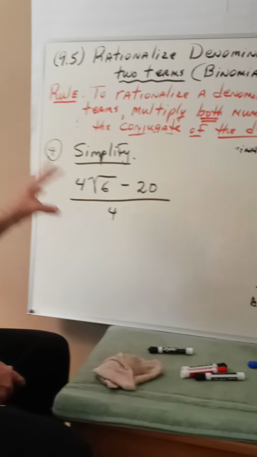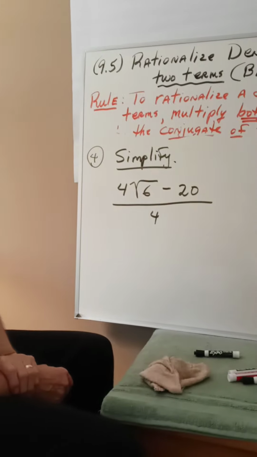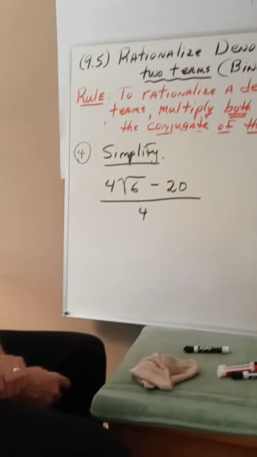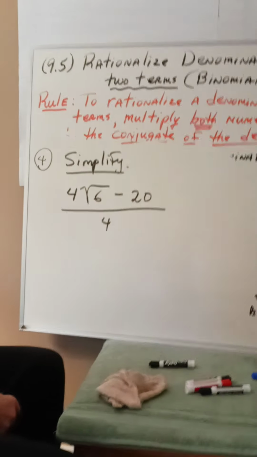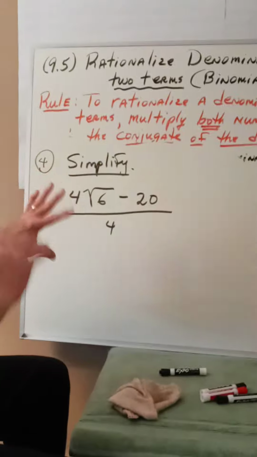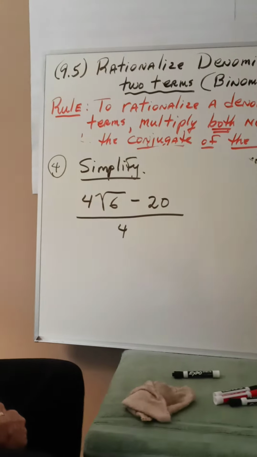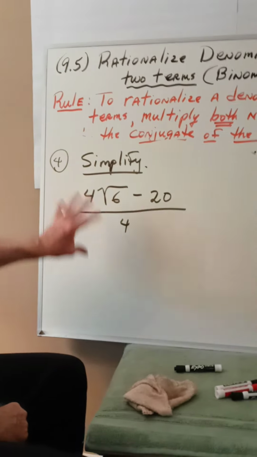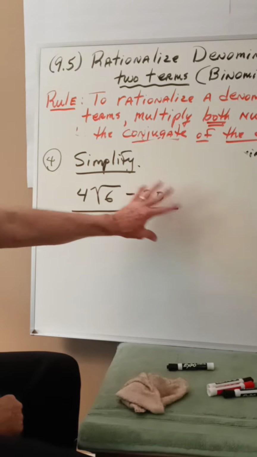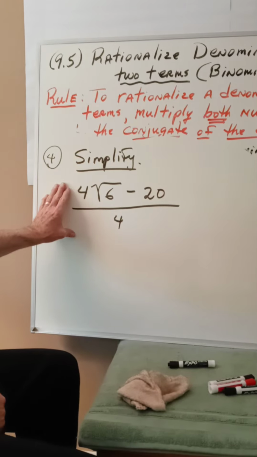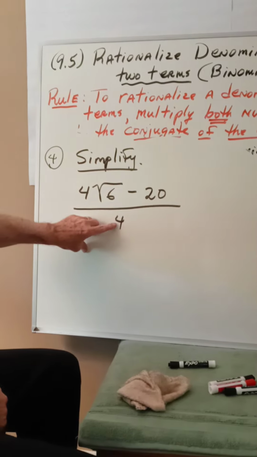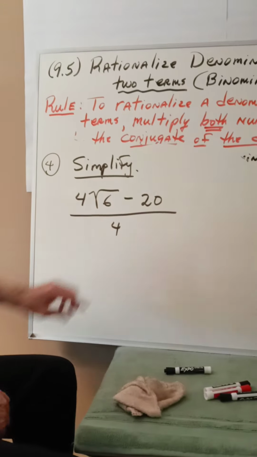Let's say you were given a problem where you had to rationalize the denominator and you had to use conjugates because the denominator was a binomial. And let's say you went through all the conjugate stuff and all the process and you got your answer down to this, where you see the denominator has become rational.